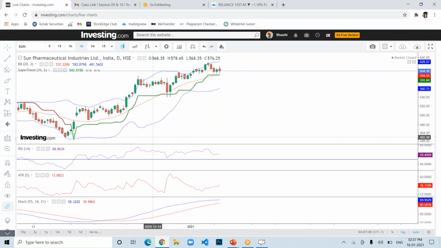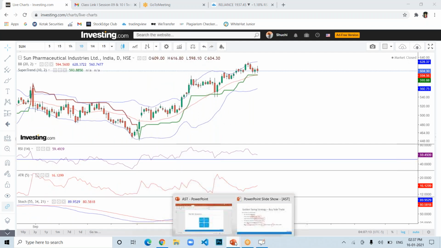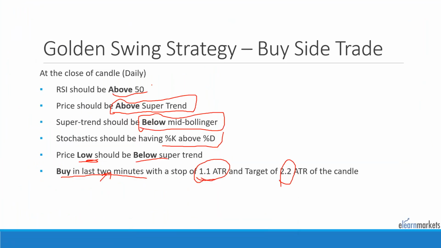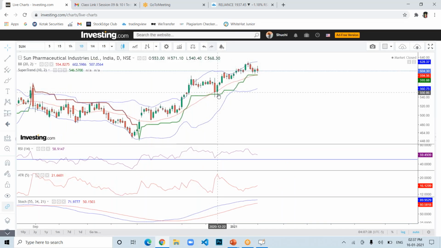Okay, I will just repeat again. I will repeat it from the beginning. So this is the strategy. Wait. RSI should be above 50. Price should be above the super trend. Let's do it one by one, okay? Look at this example.